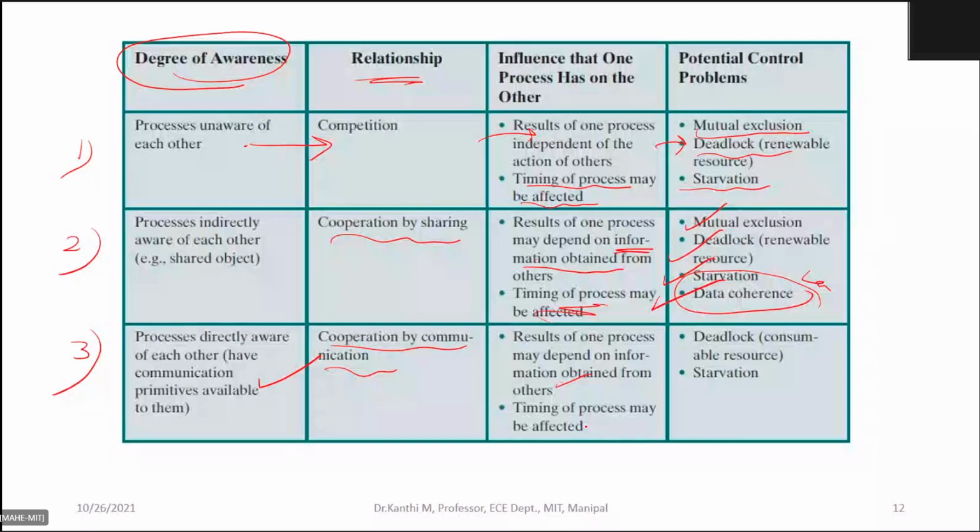Timing of the process may be affected the same way, but the control problems could be deadlock and starvation. Okay, so even though there is communication, we can get a deadlock because of some consumable resources.